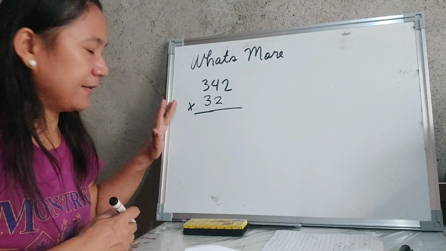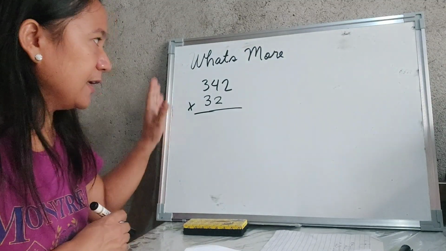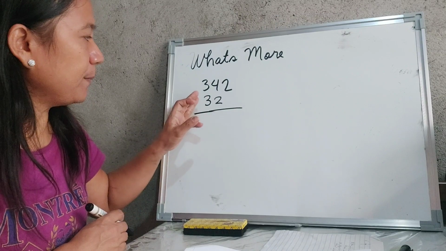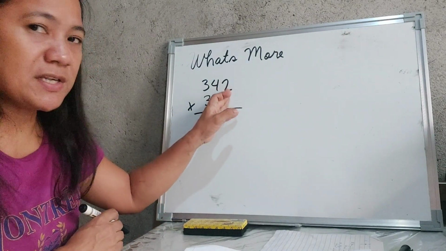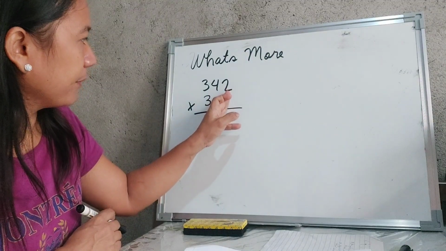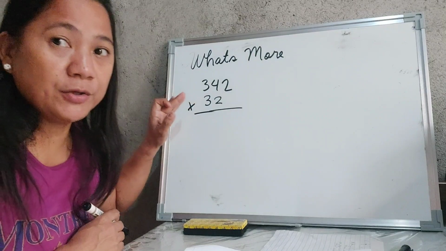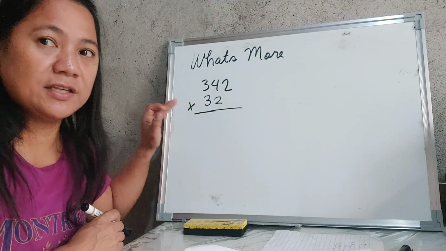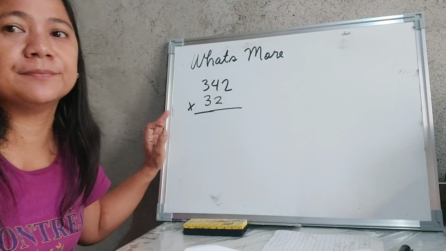So, ganito siya dapat. Since sa paper naman tayo mag-a-answer, let us align the multiplier into the tens value. Just leave a space in the ones value. Kailangan ganito siya. If we are using the short method, it is according to the rules that we already discussed.